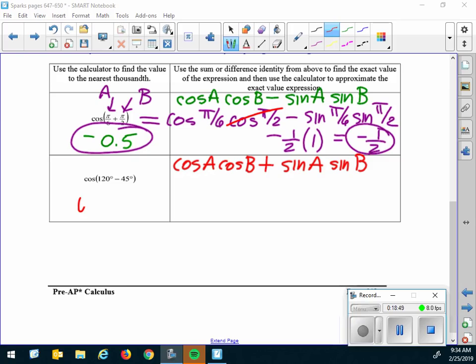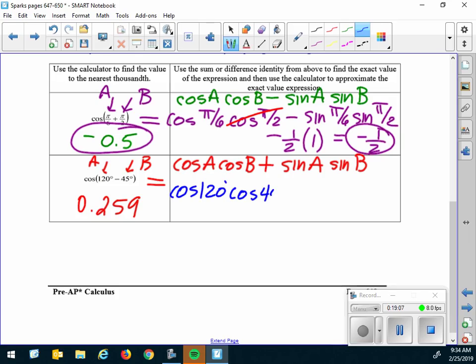Calculator, 0.259. Here's A. Here's B. So this is going to equal cosine of 120 degrees times the cosine of 45 degrees plus the sine of 120 degrees times the sine of 45 degrees.